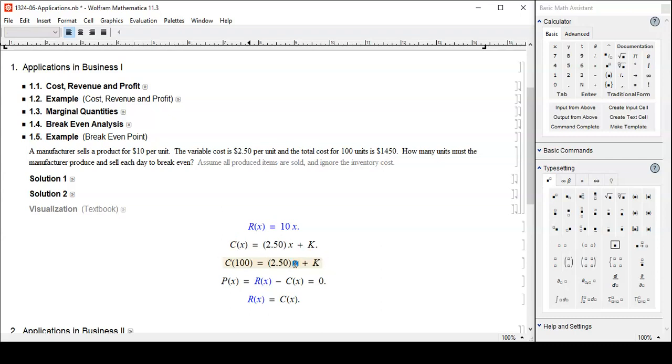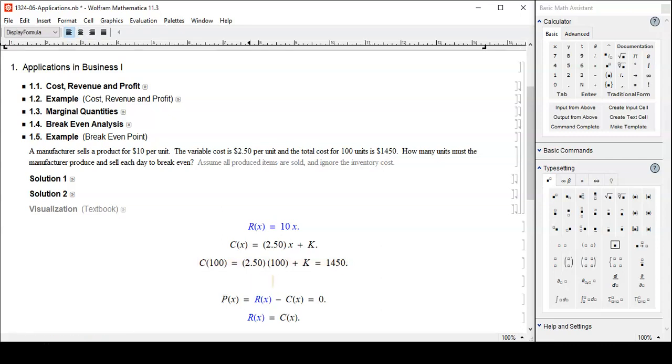And the x value here is 100. And that has to be 1450. So what do we have? We have all the numbers and k, so we have an equation for k. So what do you have? 2.50 times 100, that's 250, plus k equals 1450.